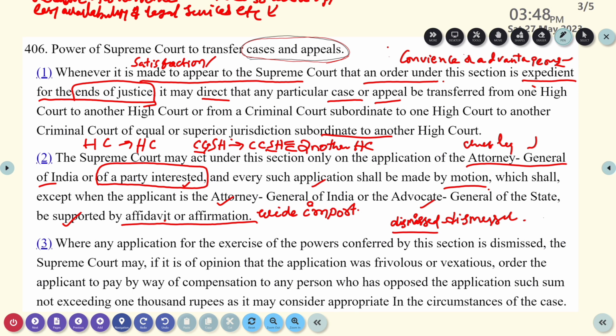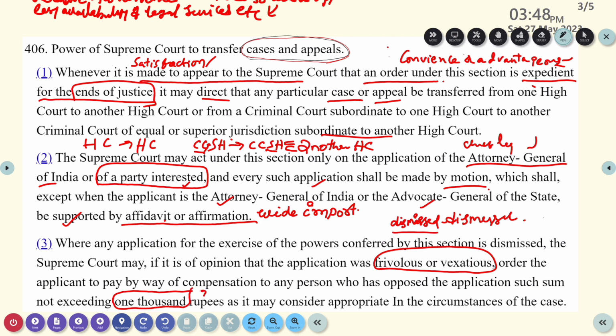Normally, on merits it can also be dismissed. On merits it will be dismissed, while observing that merits. Suppose the Supreme Court feels that it was frivolous or vexatious, it can impose compensation or cost up to 1,000, not exceeding 1,000.